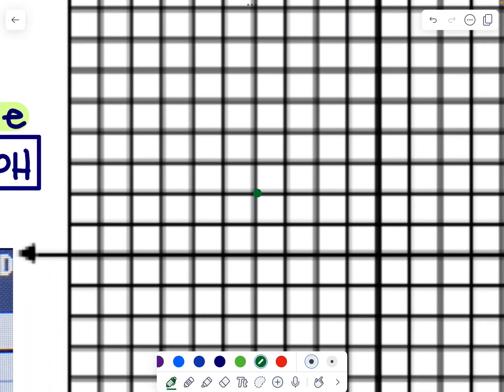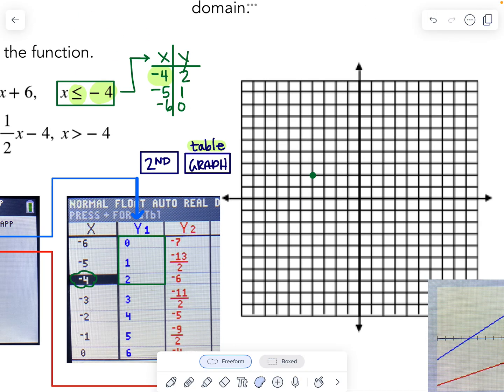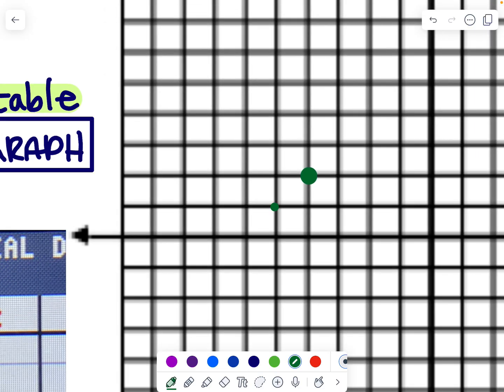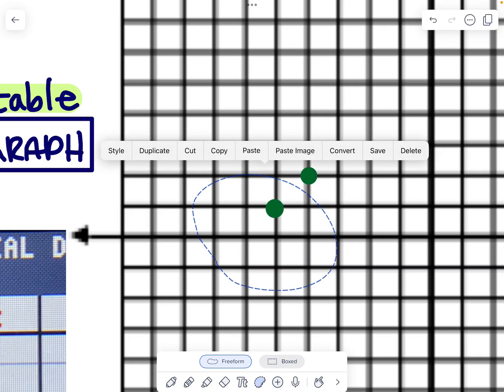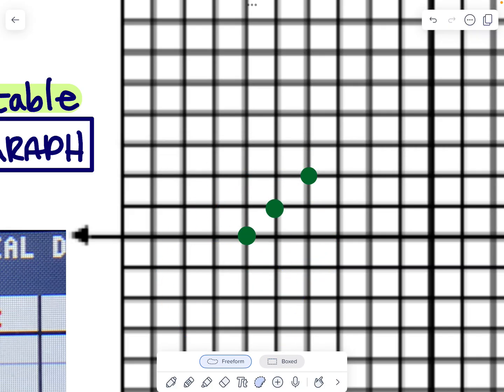And we're going to start with a closed dot sitting here at -4, 2. Then we'll go -5, 1. And that should be enough points, but if you would like, you could also put that next point in at negative 6, 0.